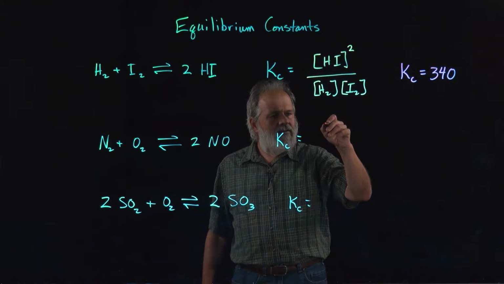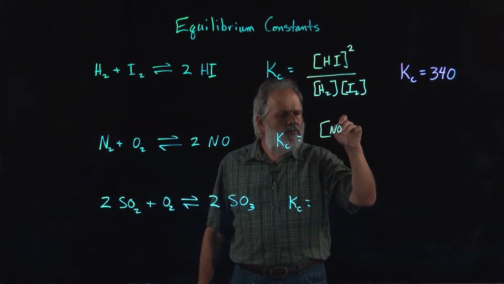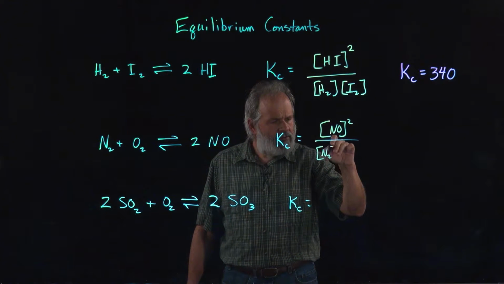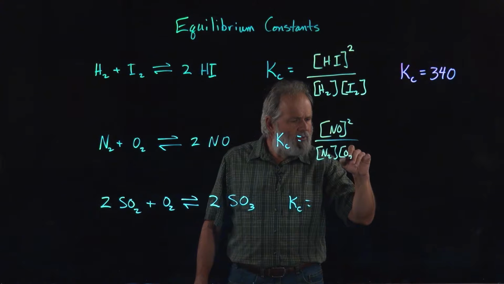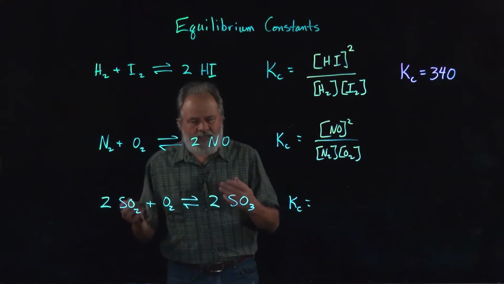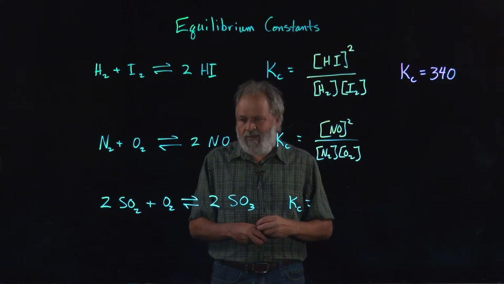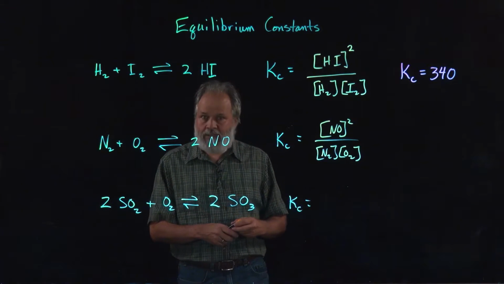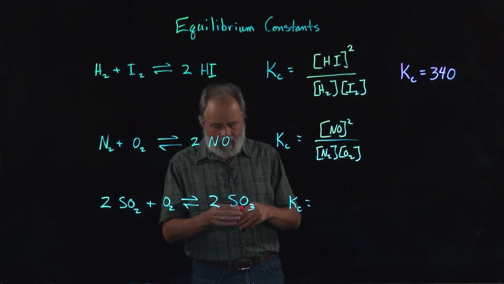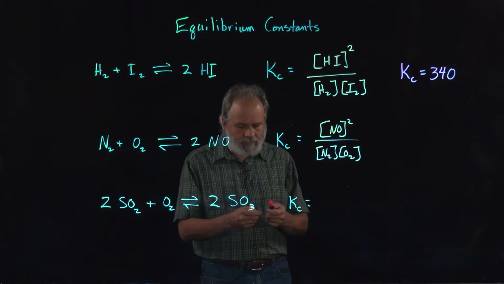In this example, let's write down the equilibrium constant. Again, NO squared divided by N2 and O2. This is the reaction that occurs in your automobile engine and creates NO that comes out the exhaust pipe that hopefully the catalytic converter can convert back to nitrogen and oxygen.